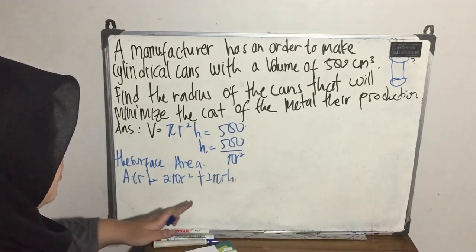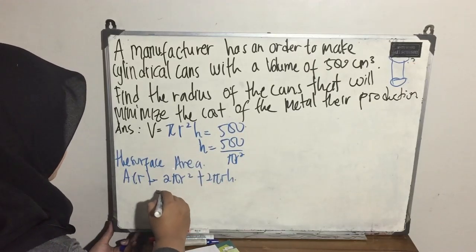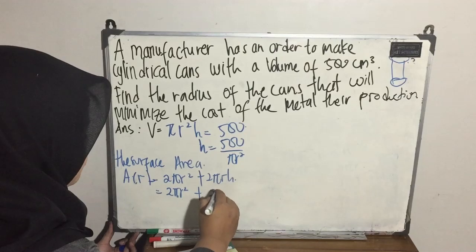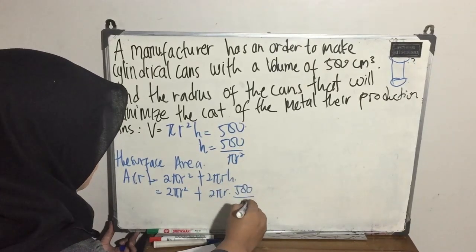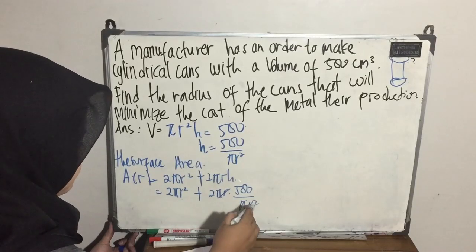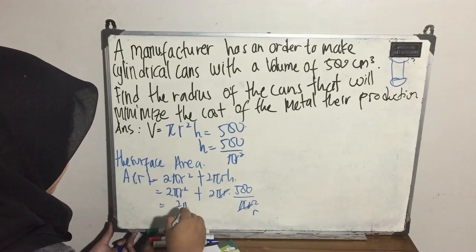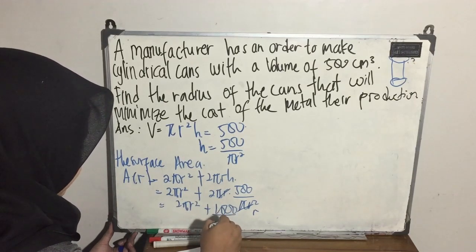Okay, everyone. So you can substitute h here: 2πr² plus 2πr times 500 over πr². So you can cancel πr, so this one is r left. So 2πr² plus 1000 over r.